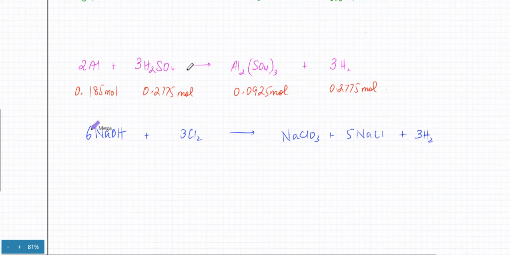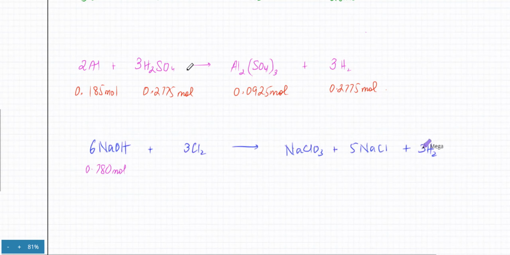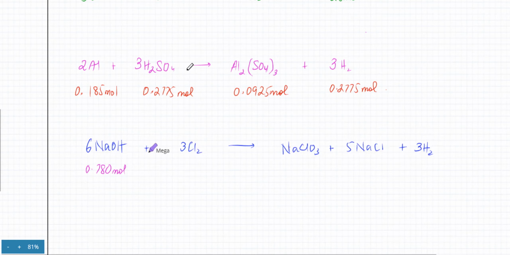Now tell me what's going to happen if your starting moles are 0.780 moles of NaOH. 0.78 divided by 2, and then you got 0.39 of 3Cl2. 0.39?